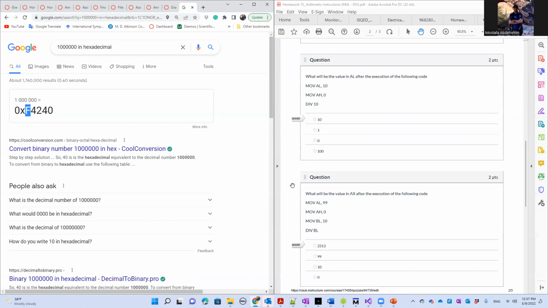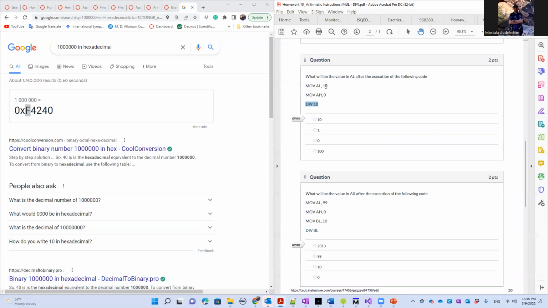What will be the value in AL after the execution of the following code again? This code has an intentional mistake. Move AL 10 and move AH 0 are legitimate, but the div 10 here is not legitimate, because we cannot have an immediate operand with the div or mul instructions.